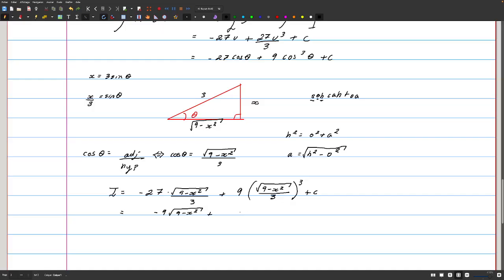We'll have 1 over 3, so 9 minus x squared, this whole thing to the 3 halves, plus c. Over 3, because 3 to the 3 is 27. 9 divided by 27 is 1 third. So this would be your final answer to the second integral.